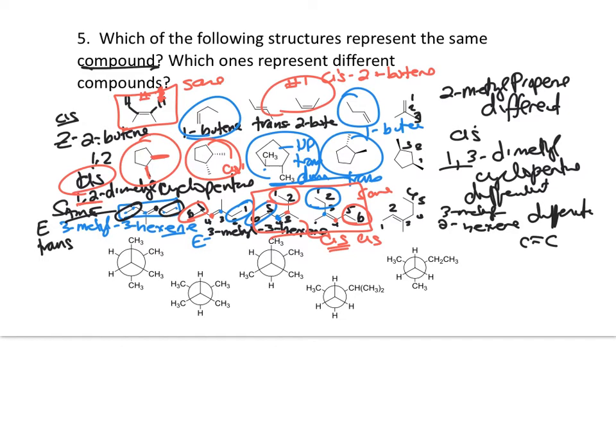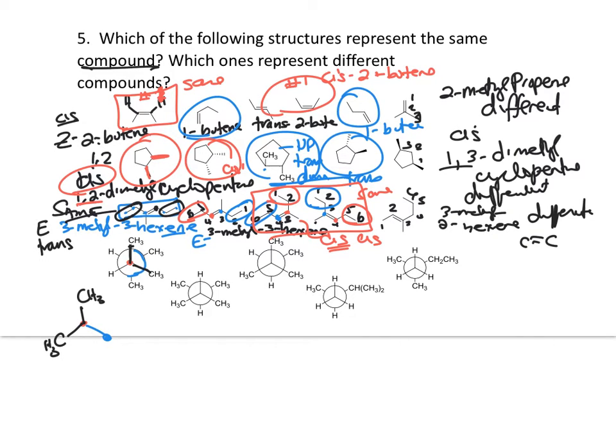So you want to just draw the Newman projection. There's your CH3, and then this carbon here is your blue carbon. And if you look at this red carbon, you have another CH3.